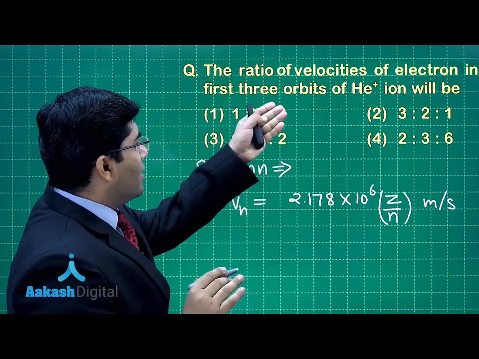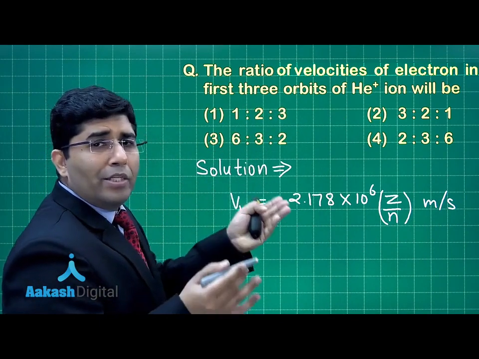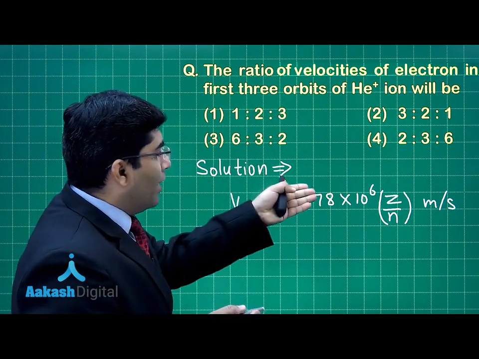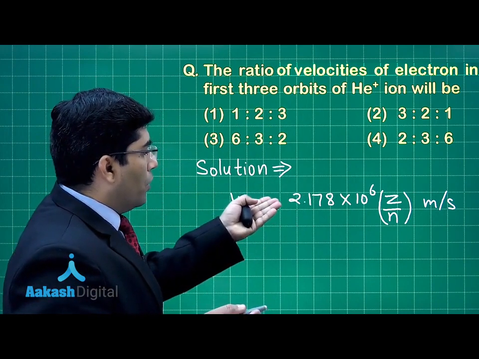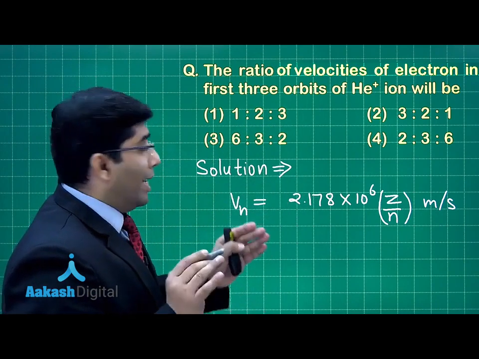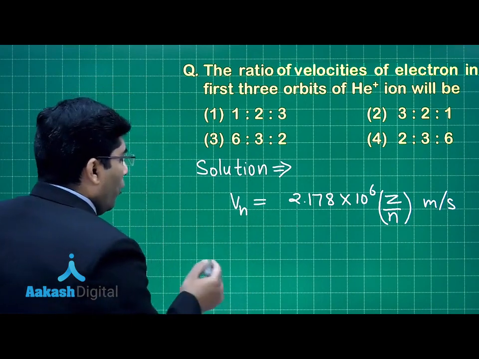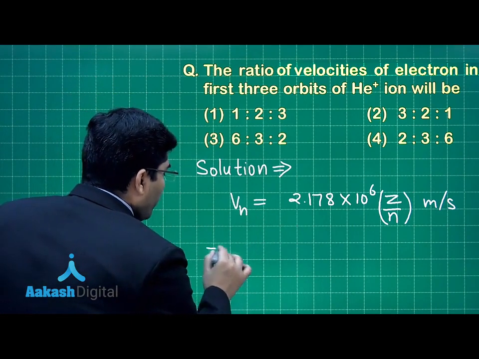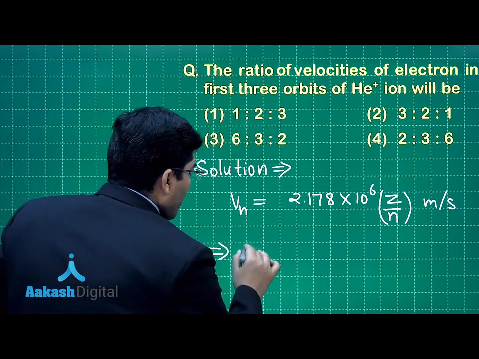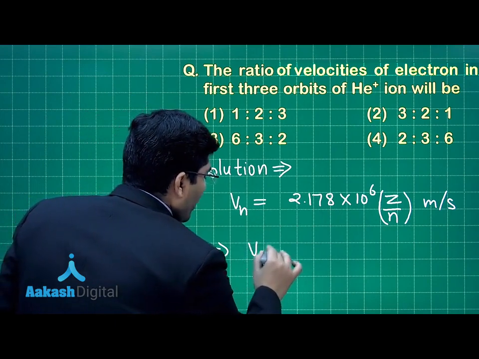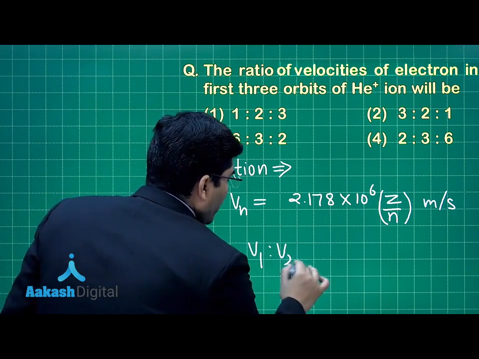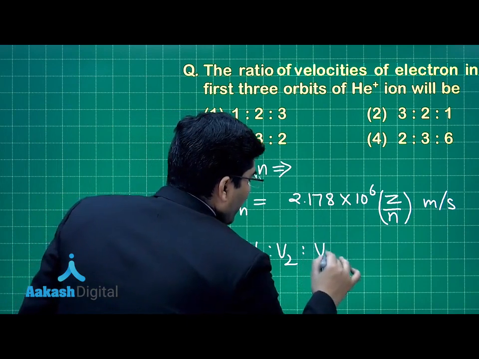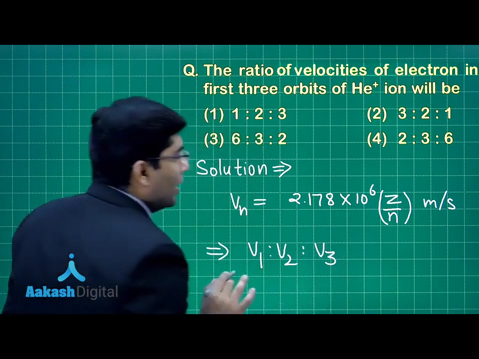Now since this is a helium ion, the species is not changing, z will be constant, right? So we will not take z. What we have to find out? We have to find out the value of V1 is to V2 is to V3. This thing we have to find out.